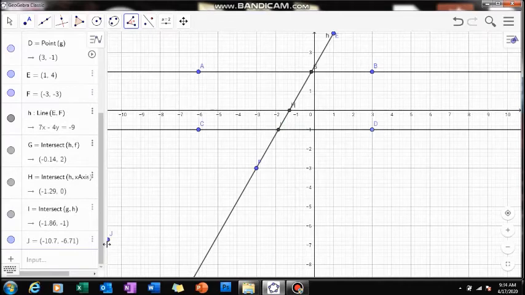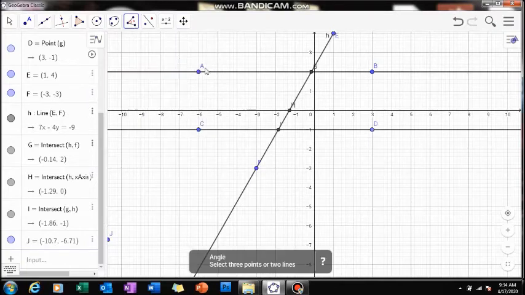Then we're going to move to the third problem. It's about alternate exterior angle, or sudut luar berseberangan. One of the alternate exterior angles is FID and AGE. So we will measure the angle.